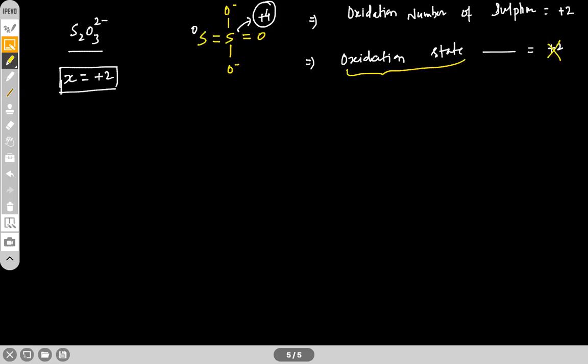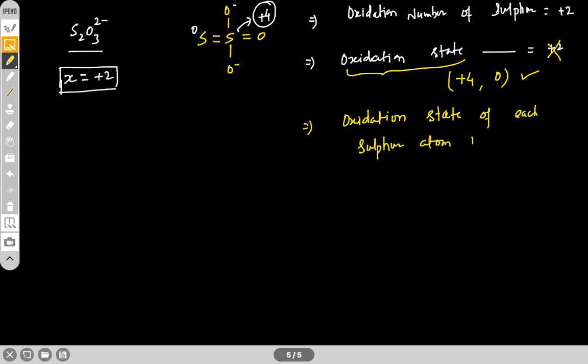This is also true if they ask the oxidation state of each sulfur atom in S2O3 2-.